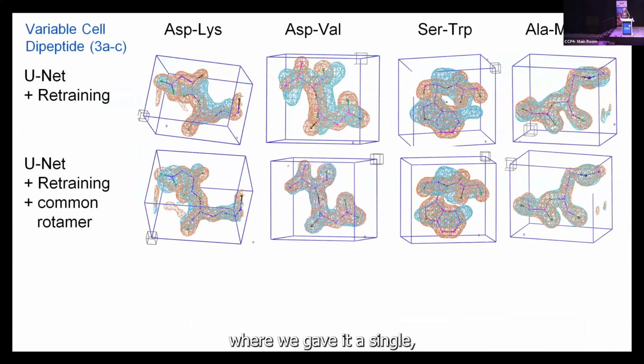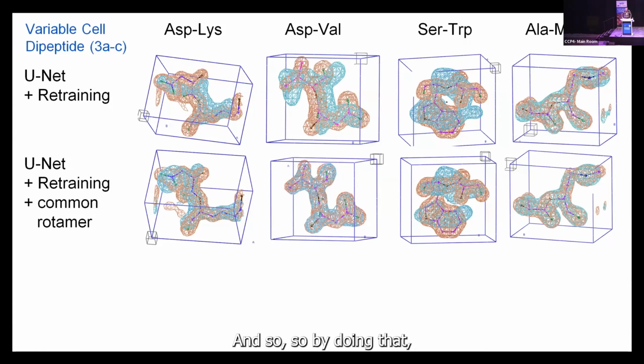We gave it a single conformer of each amino acid, using the COOT get monomer function to get a standard representation of the amino acids, since we figured we would always know the sequence of the structure we were trying to solve.